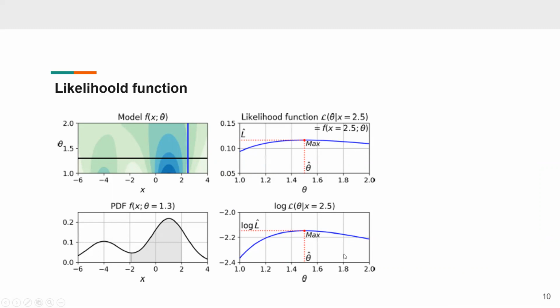And then on the bottom right, you saw it's just the log likelihood of the same function that we saw on the top right. And then on the bottom left, this chart is really the PDF, which is, given theta, what is your distribution of x. Theta is given as 1.3 in this example, which is the black line. And then what's the corresponding distribution of x?